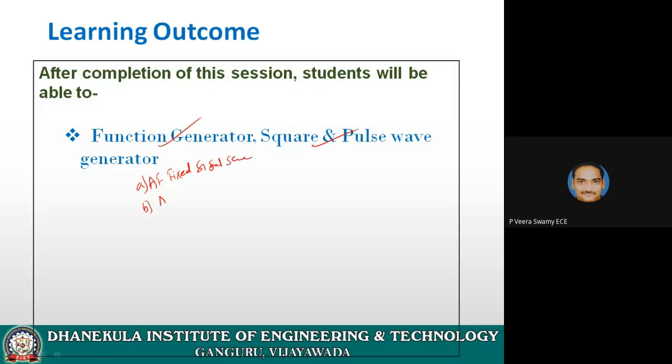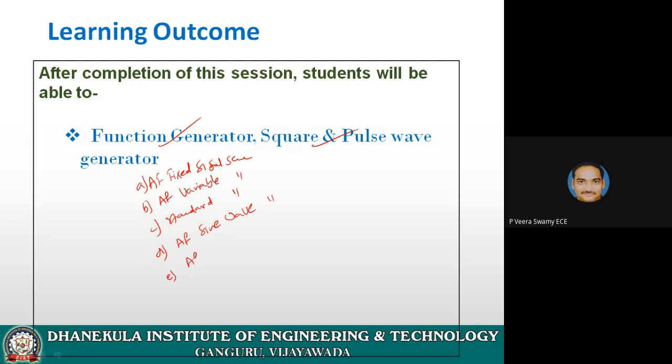Second one, AF variable signal generator. Third one, standard signal generator. Fourth one, AF sine wave signal generator.